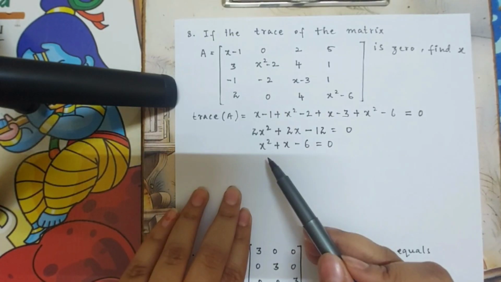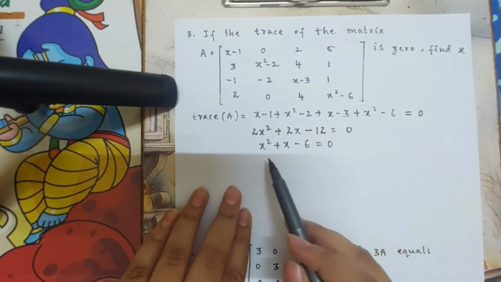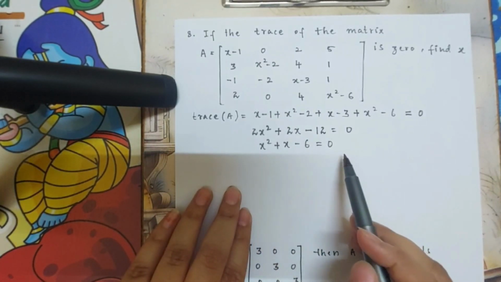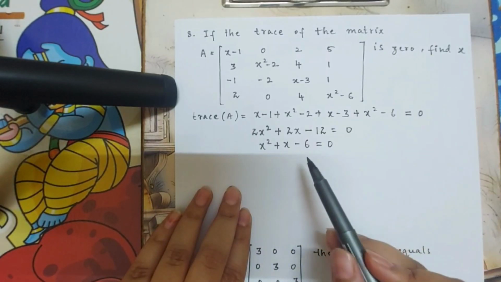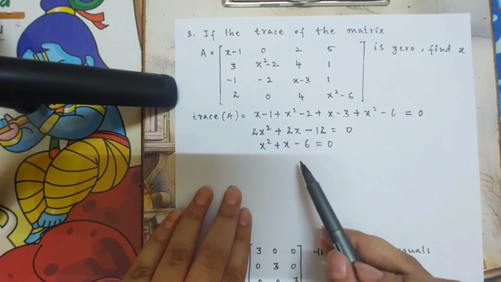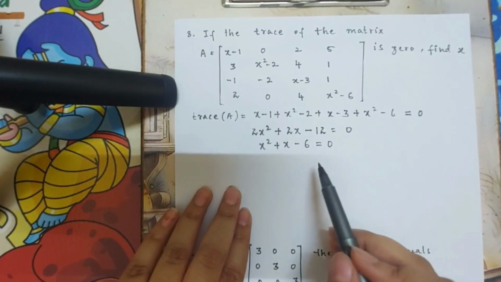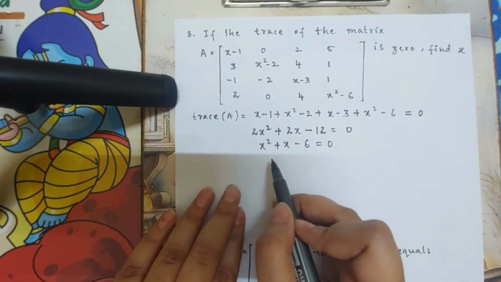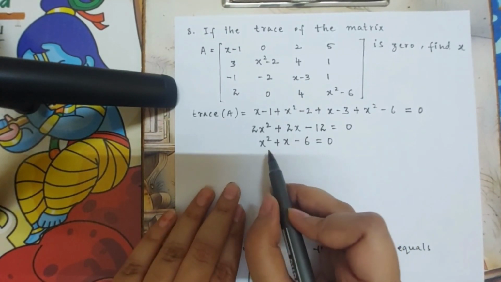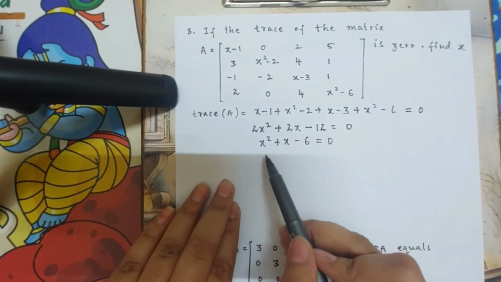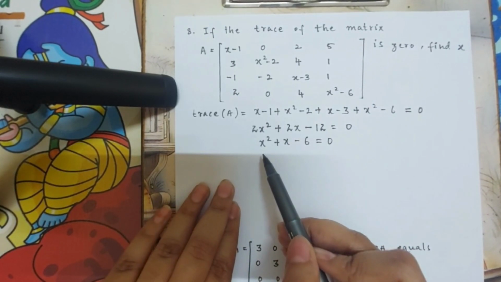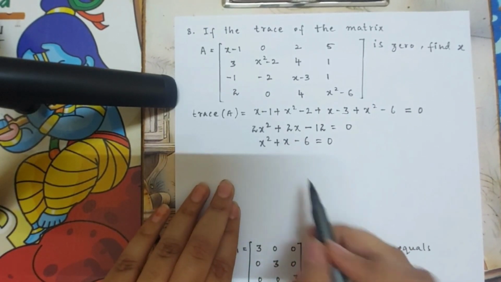Since it is a quadratic equation, one is we can factorize it, or it can also be found by using the formula minus b plus or minus root of b square minus 4ac divided by 2a. Here I'll be applying factorization to find the value of x. We will be able to get two values of x since it's a quadratic equation.